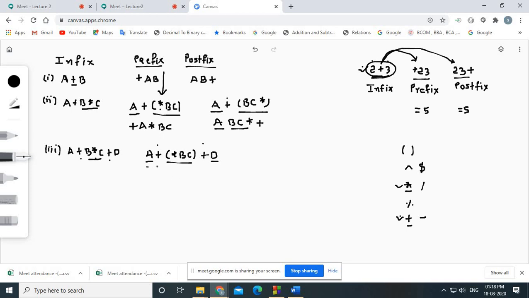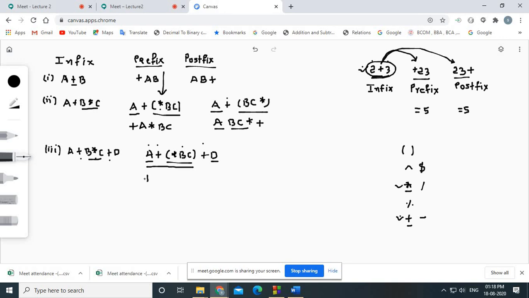Here I need to go from left to right. So I'm converting this expression into the prefix. Here A is my first operand, star BC is my second operand, and plus is my operator. I am converting to prefix, so the operator will come first.